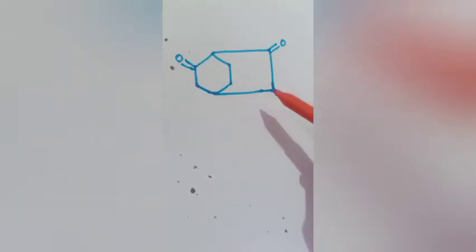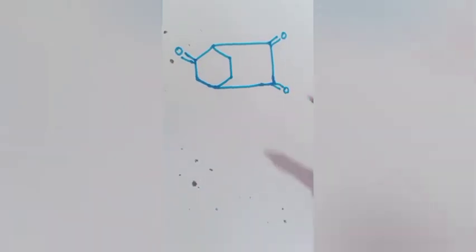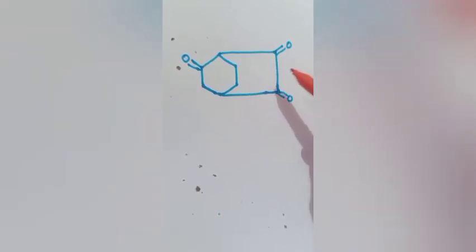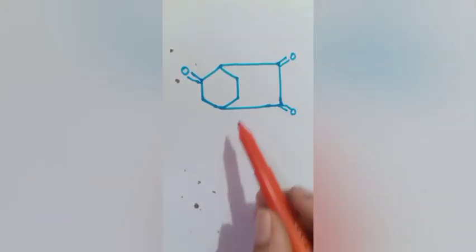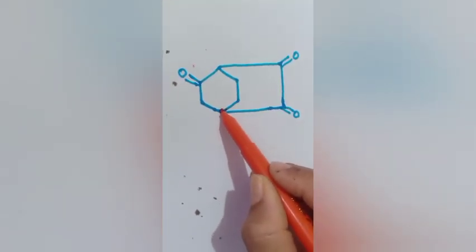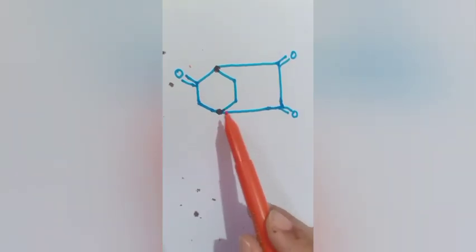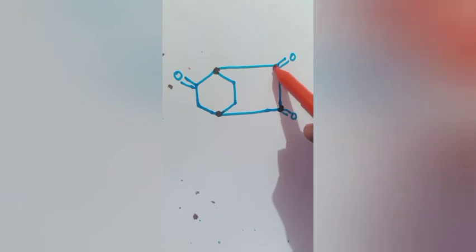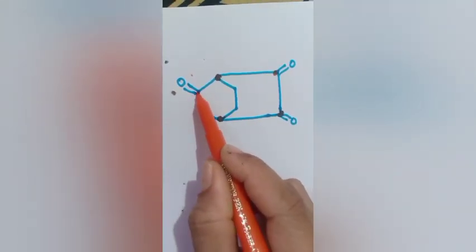See, this is another example. This compound consists of a functional group, a ketone functional group. In such cases, how do we give the name for this compound? Now let us learn. Here first we identify the bridgehead carbon atoms, and from the right side how many carbon atoms are present? Here 1 and 2, and from the left side 1, 2.